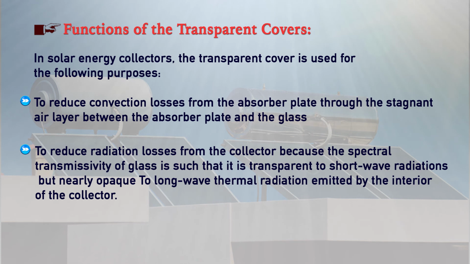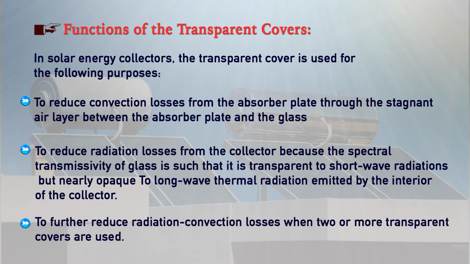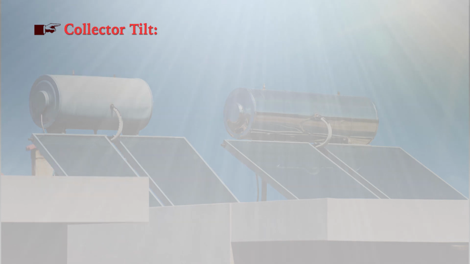Second purpose is to reduce radiation losses from the collector, because the spectral transmittivity of glass is such that it is transparent to short wave radiation but nearly opaque to long wave thermal radiation emitted by the interior of the collector. Next function of this glass cover is to reduce radiation convection losses when two or more transparent covers are used.